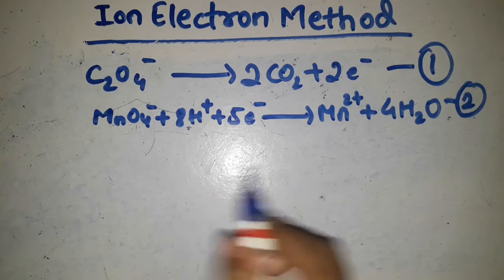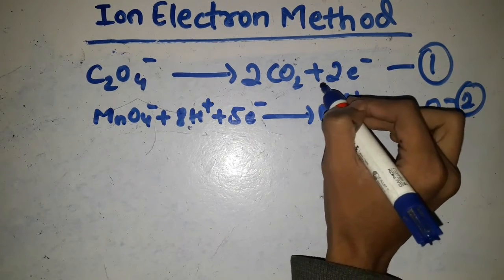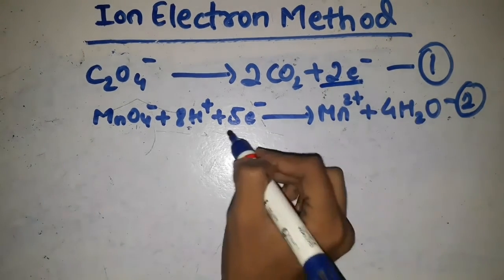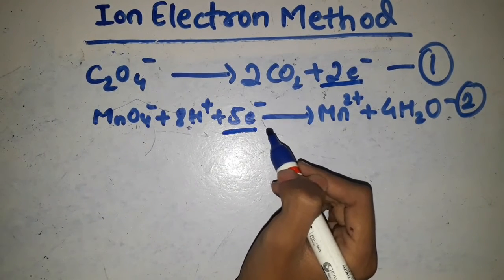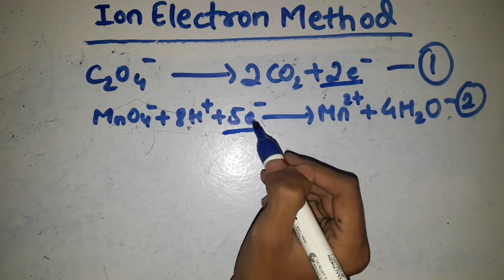We can clearly see that there are 2 electrons in the first equation and 5 electrons in the second equation, so it should not be left as it is.